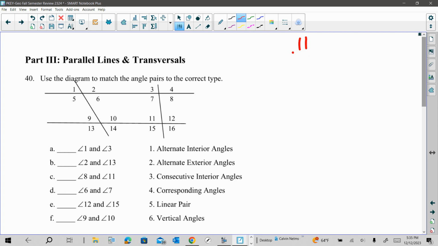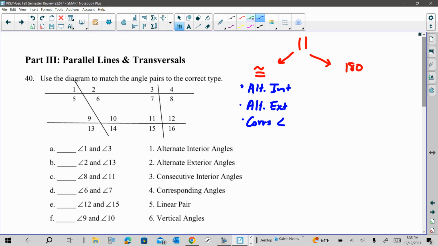If I know the lines are parallel, then the angles can either be congruent or they can be supplementary, which is 180. The ones that are congruent are alternate interior, alternate exterior, and corresponding.